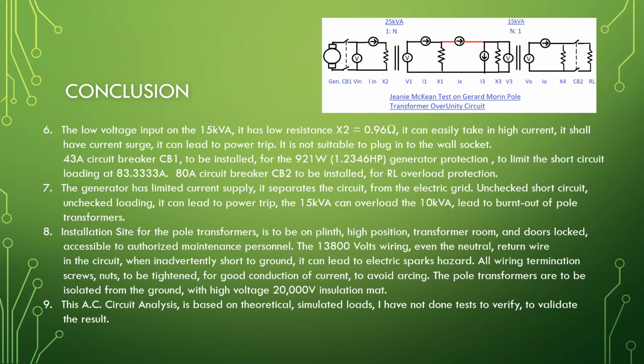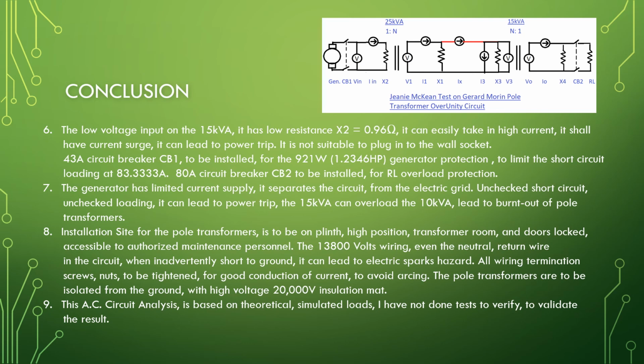An 80 ampere circuit breaker CB2 is to be installed for RL overload protection. The generator has limited current supply. It separates the circuit from the electric grid. Unchecked short circuit and unchecked loading can lead to power trip. The 15 kVA can overload the 10 kVA, leading to burnout of pole transformers.